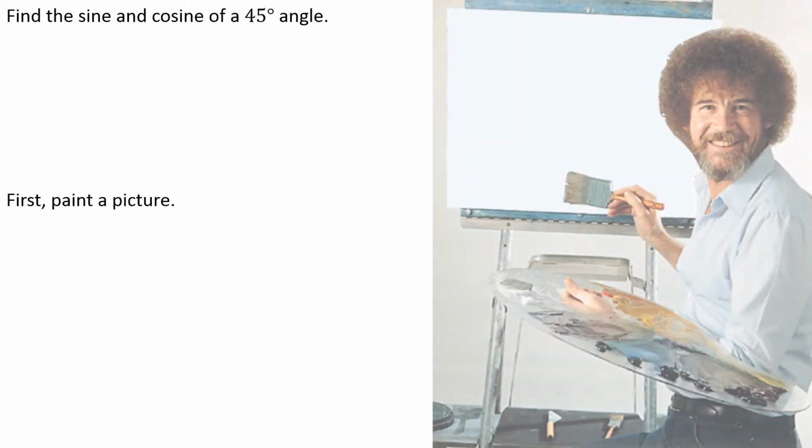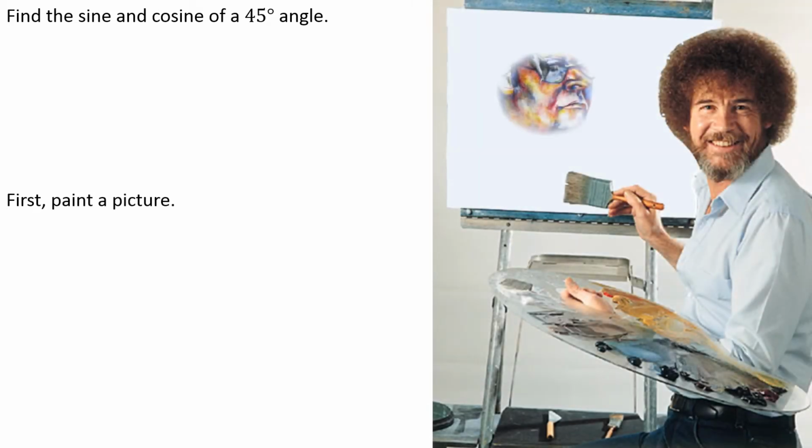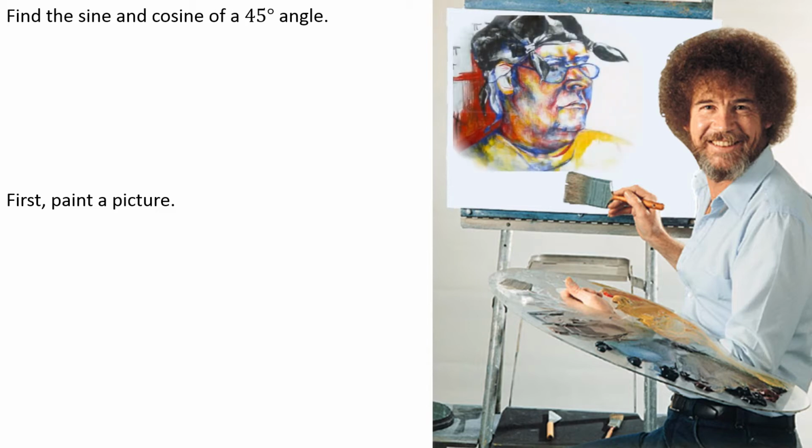Find the sine and cosine of a 45-degree angle. I don't even know where to start. Well, I know what to do first. Got to paint a picture. That picture's not going to help. Let's draw a triangle instead.